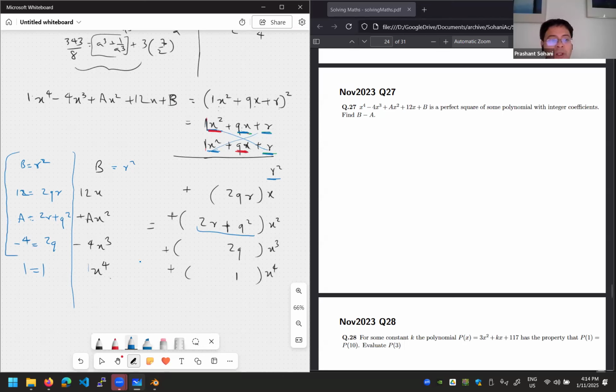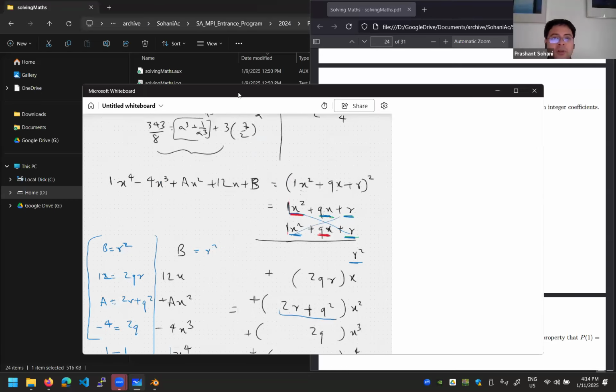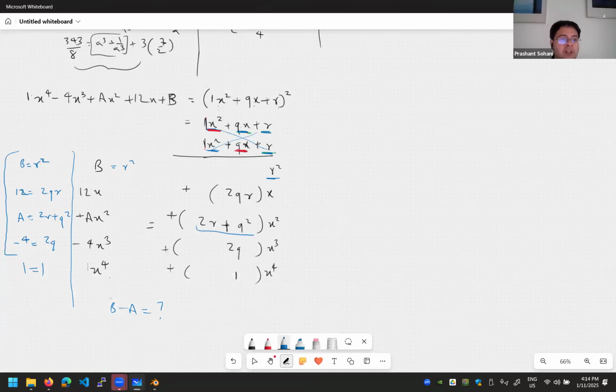And finally, what do I need to find? I need to find b minus a. So I need to eliminate everything else and get rid of q and r. Now this is just algebraic, like solving simultaneous equations. Already from the last row, minus 4 is equal to 2q, I'm able to obtain the value of q.